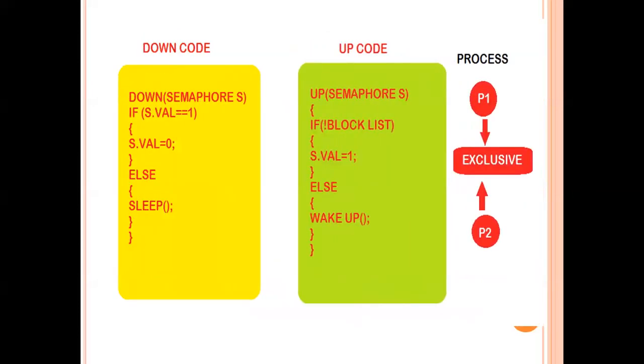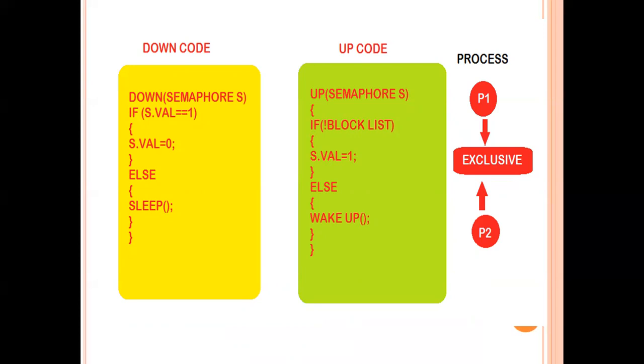Okay, so this is the code in binary semaphore. Down code is used when the process requests to get access to the common code. It says that if the value of semaphore is 1, it becomes 0, else the process is restricted or it goes to the block list. While the up code is executed when the process leaves the critical section.